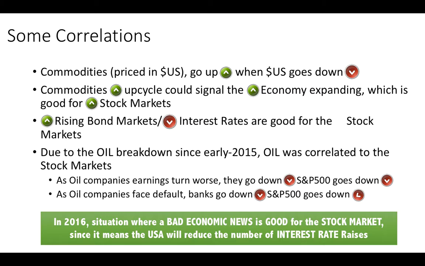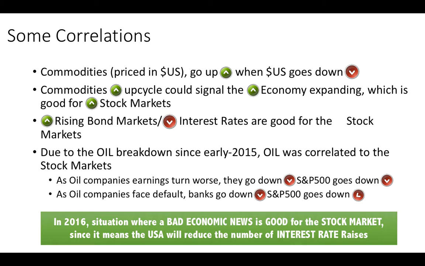And this is easily understandable because look, when oil goes down and oil company earnings turn for the worse, oil stocks go down, they bring the S&P 500 down. Similarly, as oil companies face default, guess what happens? They can't pay their bank payments. They can't pay money back to the banks. The banks go down, so the S&P 500 also goes down.